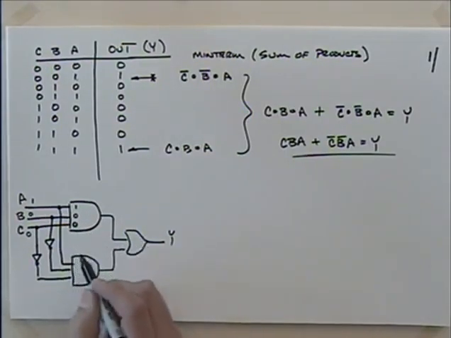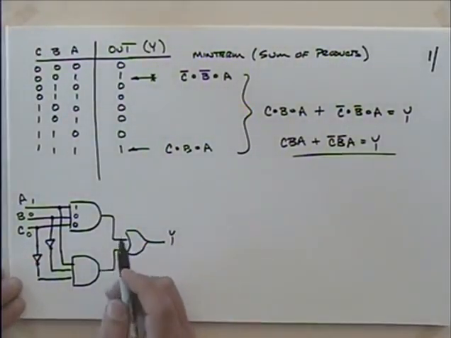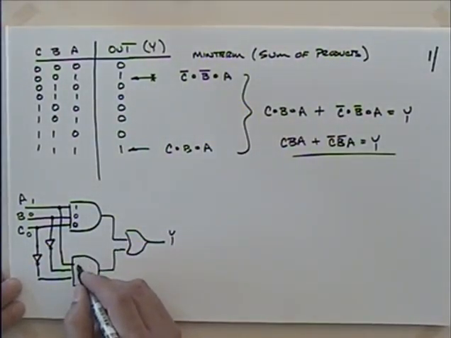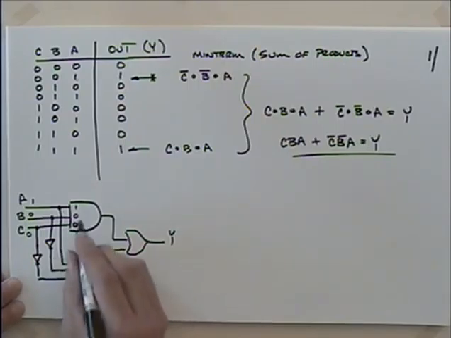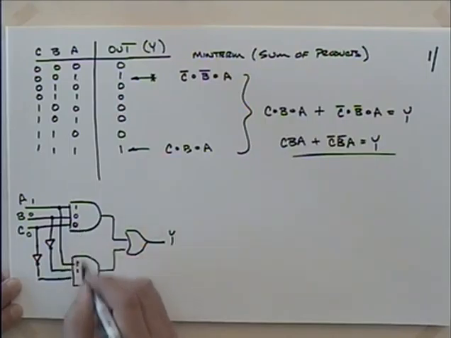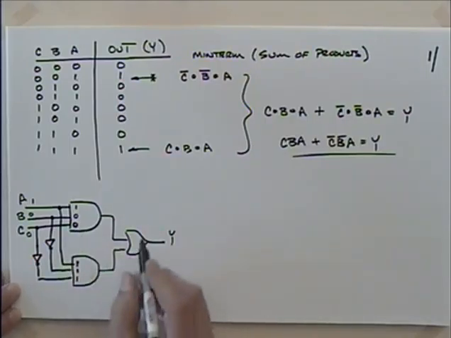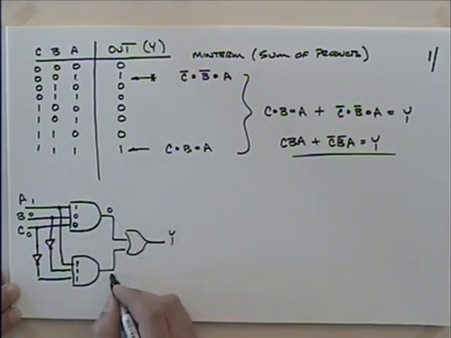And then down here, I'm going to end up with a 1. And then I invert this one, so I get a 1, and I invert that one, and I get a 1. So here I'm going to have a 0, here I'm going to have a 1, and of course I get a 1 out of this, right?